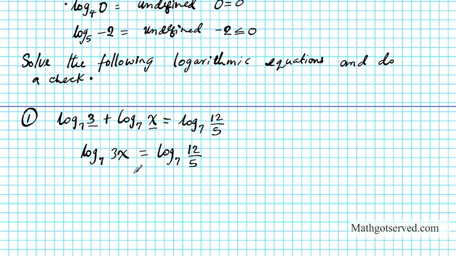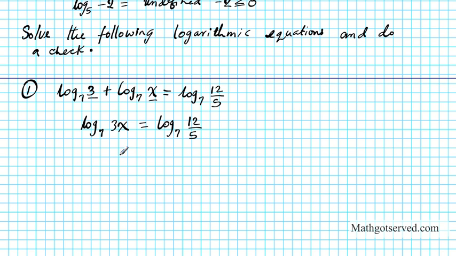Now that we have identical logarithm bases, we're going to eliminate the logarithms using their inverse, which is the exponent. Since the bases are 7, I'm going to exponentiate both sides using 7 as the base. So I'll have a big 7 on the left, a big 7 on the right, and then a little log base 7 of 3x, and on this side a little log base 7 of 12 over 5.